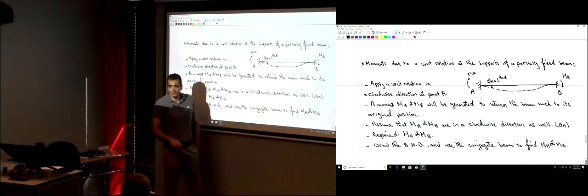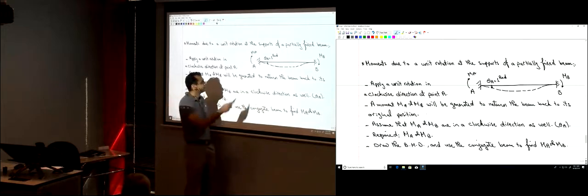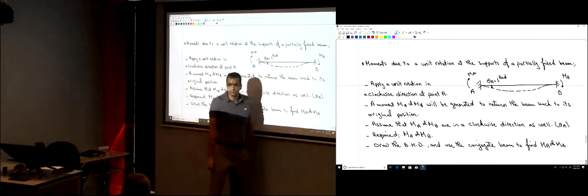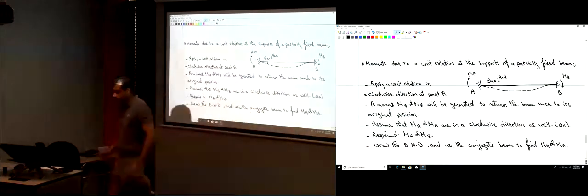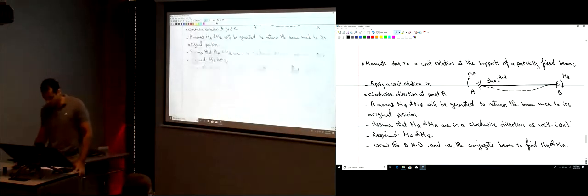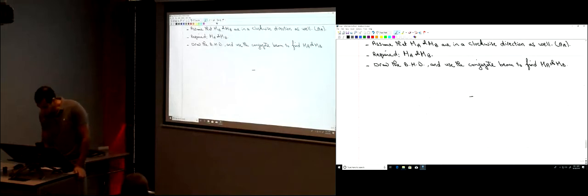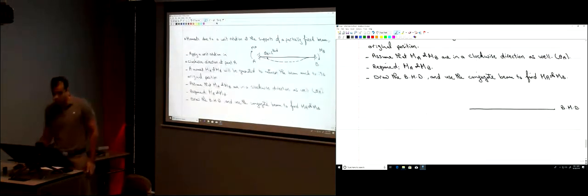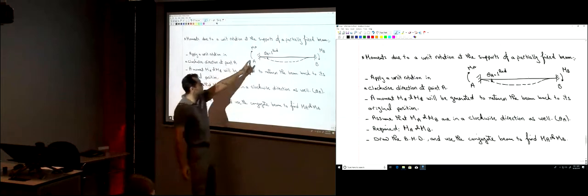How much is MA? You said 0? No. MA. How much is the moment here? MB. Okay? So that's it. So let's draw those. It's so simple drawing the bending moment diagram. So at point A, we have MA. Is it positive or negative?